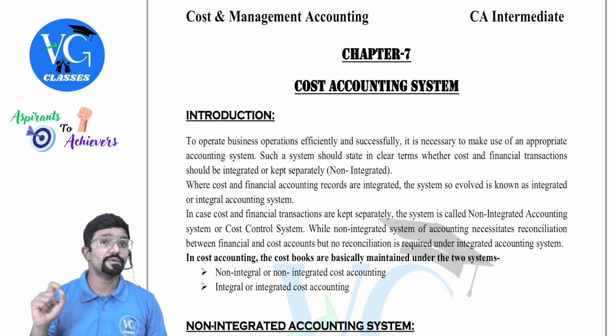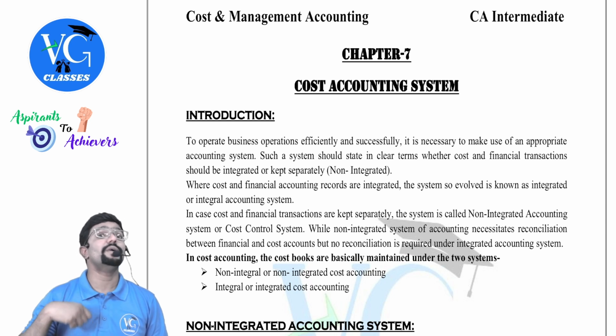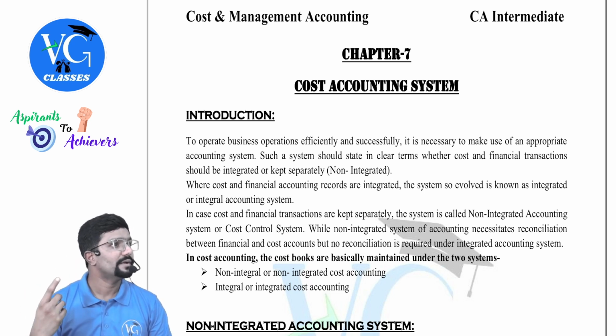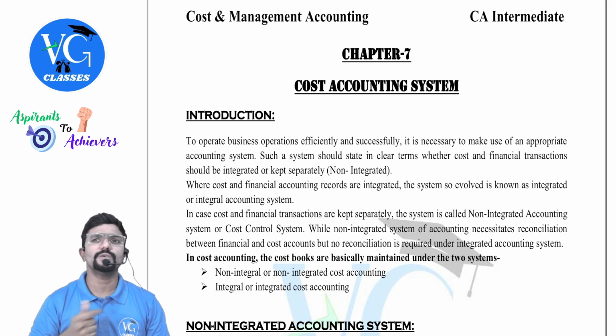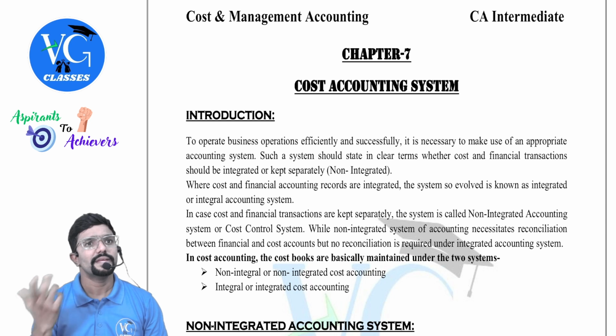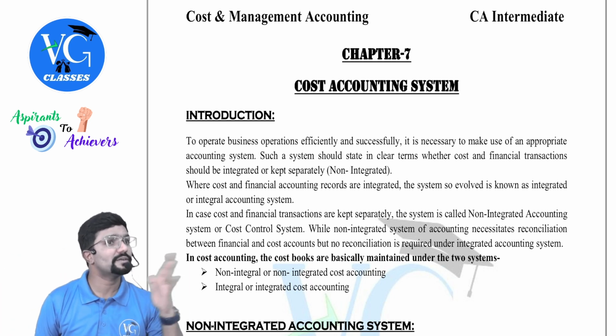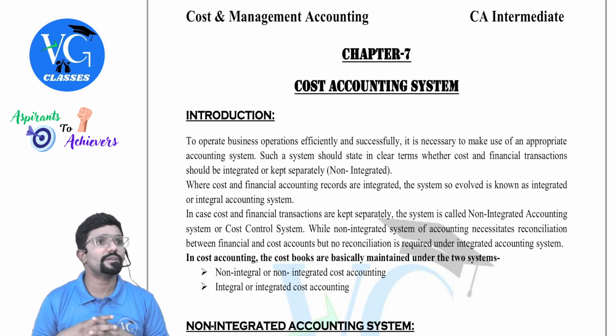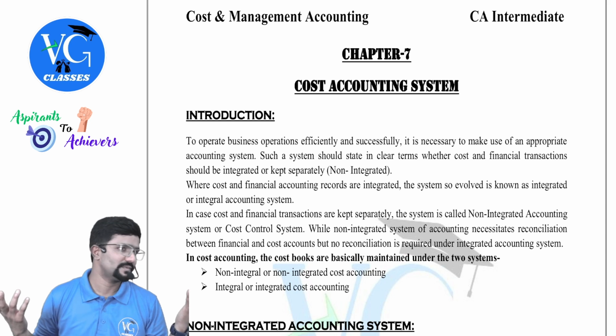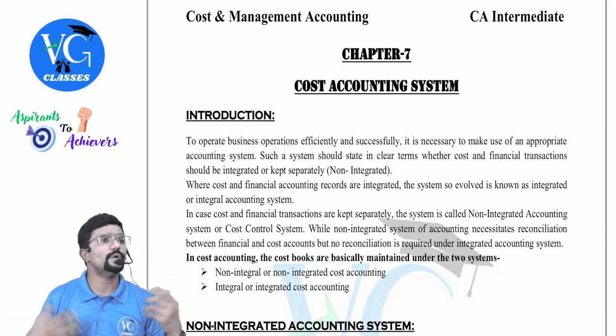I may consider notional rent or notional salary to know the cost I would have incurred. Even though I have not paid, I can consider it to calculate my total cost. This is there only in cost. In financial books, there is no concept of notional.